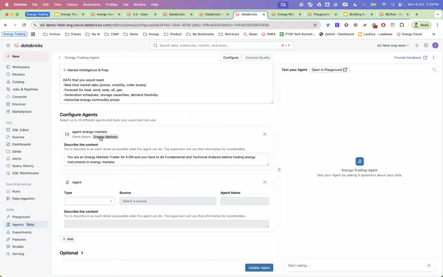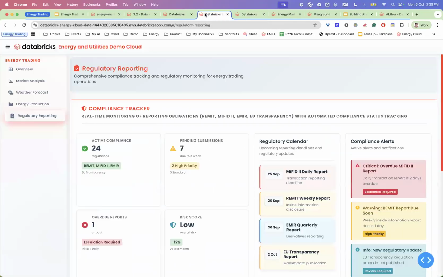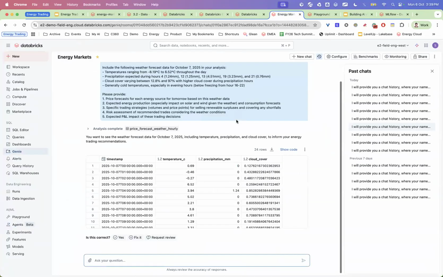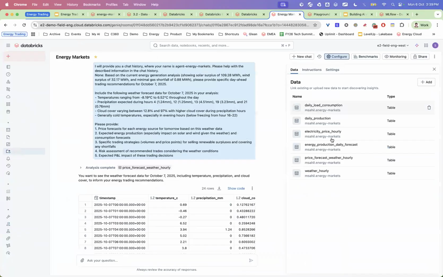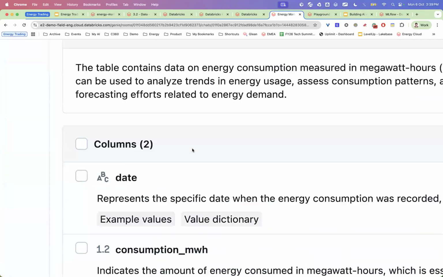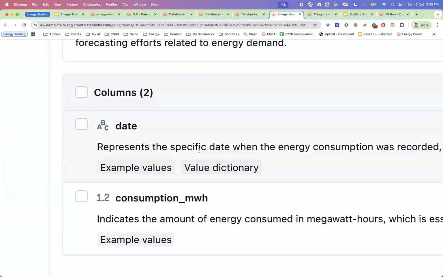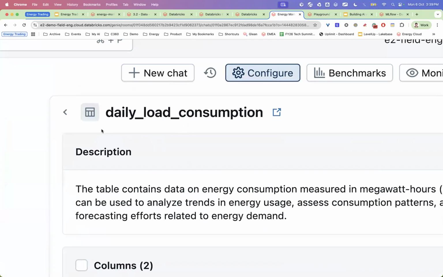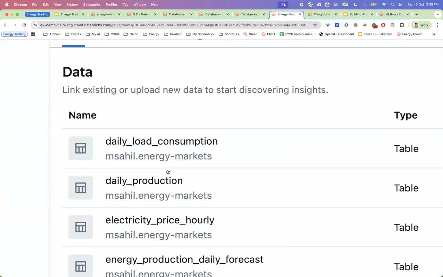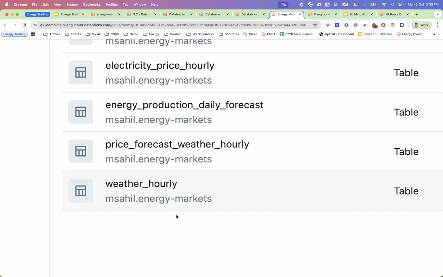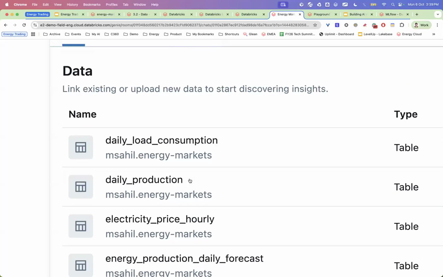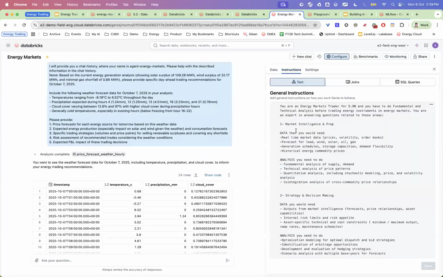In this case, I created this Genie space. If I can go back to the Genie space, yeah, so this is the space. What you do is you attach all the data sources. In this case, I have consumption data, production, hourly, so I have access to all the data sources. Then the idea is to give it a persona, essentially giving it instructions.